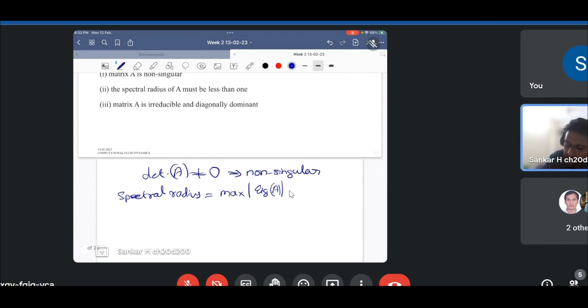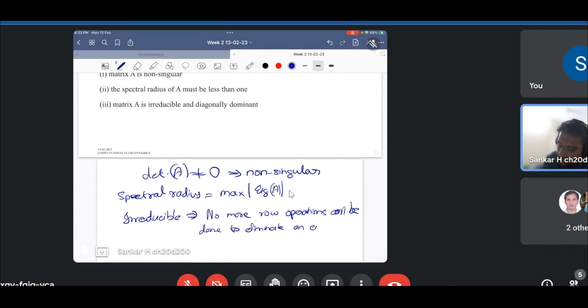And our third point is that matrix A is irreducible and diagonally dominant. Irreducible means that no more row operations can be done to eliminate an entire row.